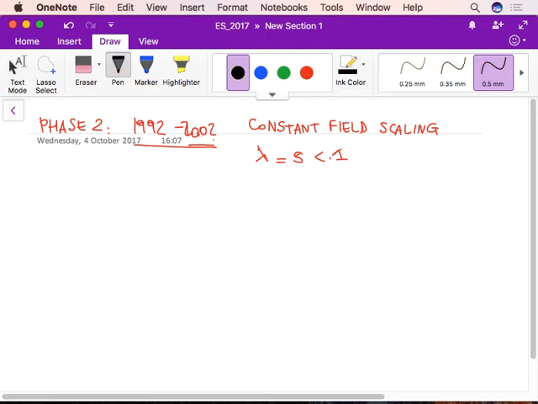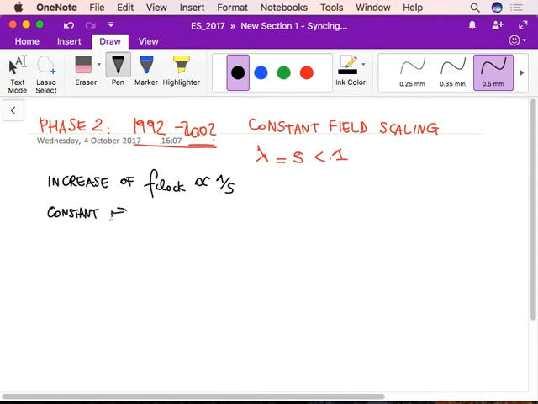We have an increase of clock frequency proportional to 1 over S and constant power consumption per unit area.